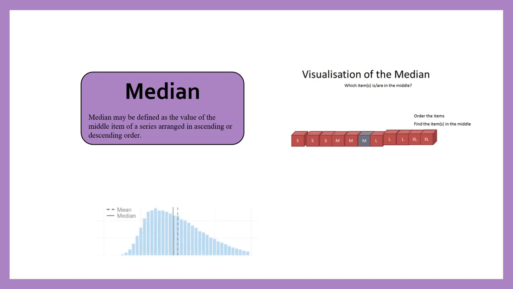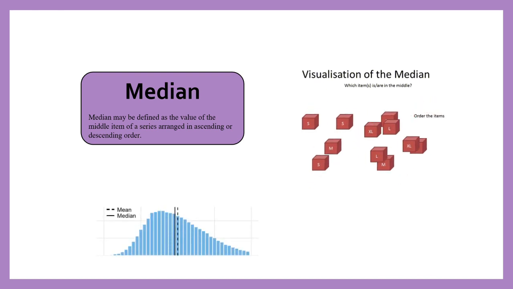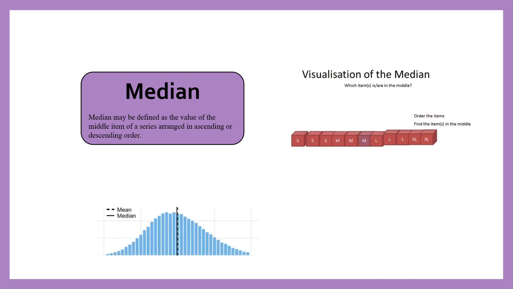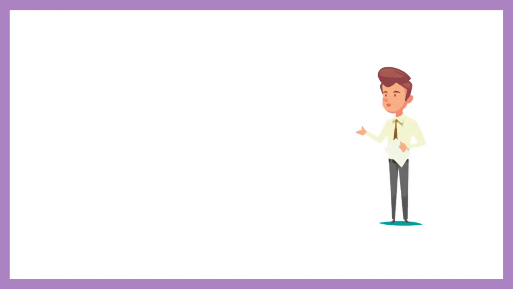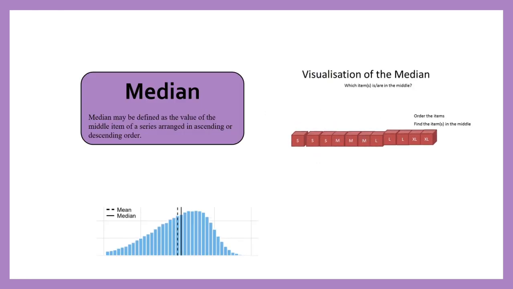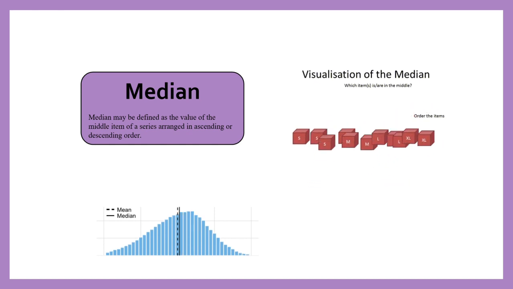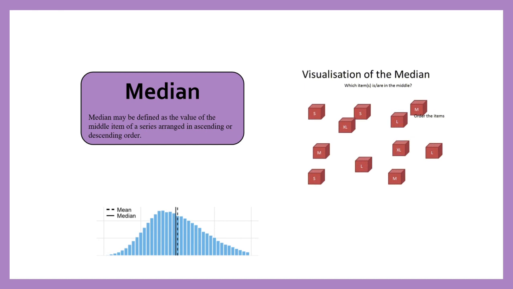The fundamental formula for determining the median is given by M equals value of n plus 1 by 2 item, where M represents the median, that is n plus 1 by 2th term, and n equals number of items arranged in an order.